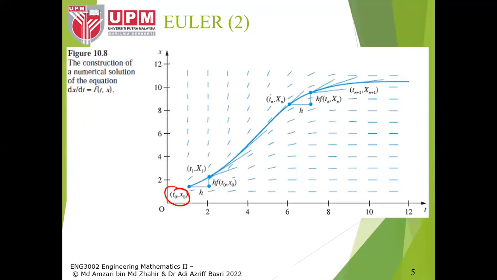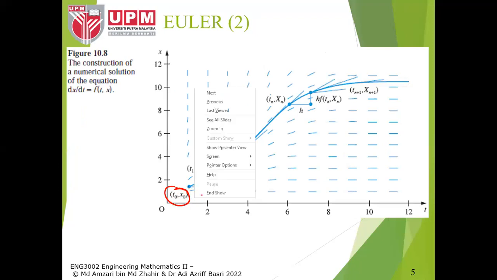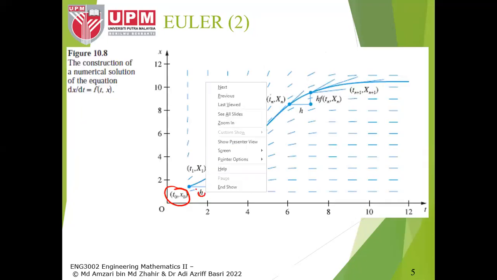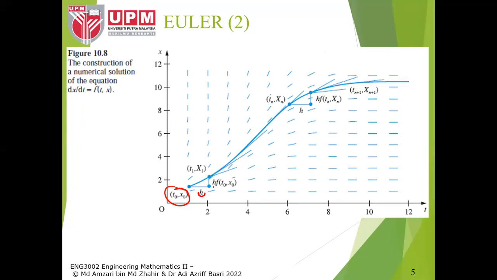So you can see we start with t node, x node. The second point will be at a distance of h, a constant. In order to get the vertical, it is h constant times the function of t node, x node.